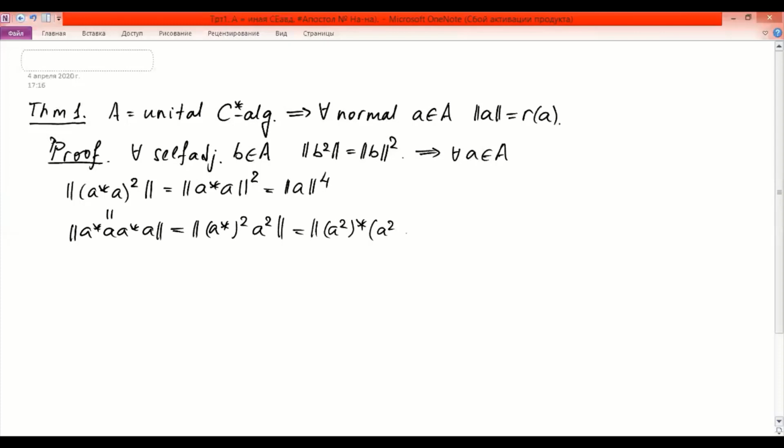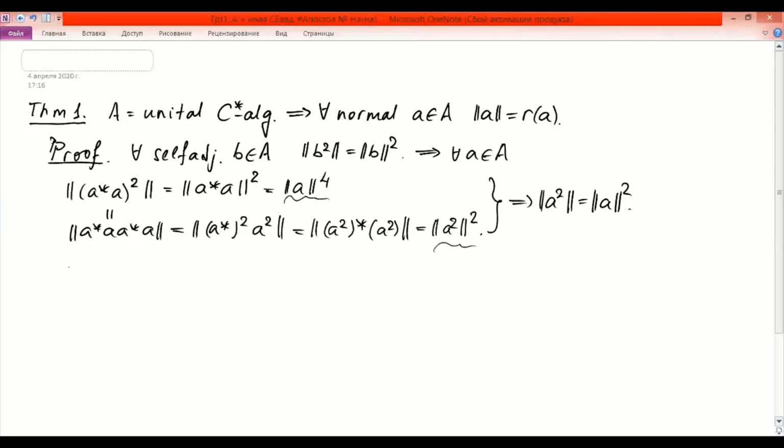And now the C-star axiom implies that this is the square of the norm of A squared. Now if we compare this and this, and take the square root, we get that the norm of A squared equals the square of the norm of A. So this equality holds for each normal element.